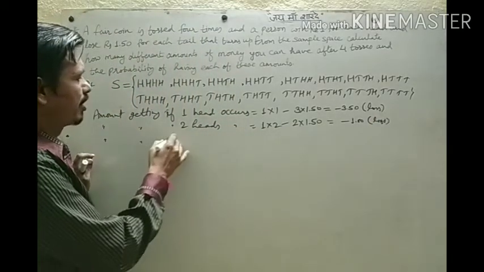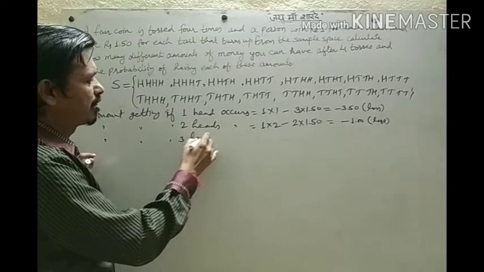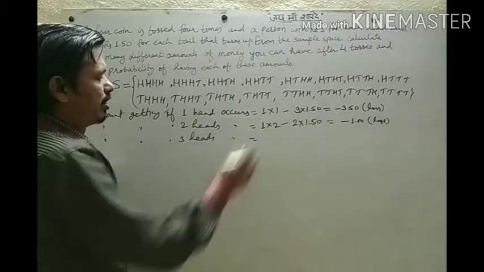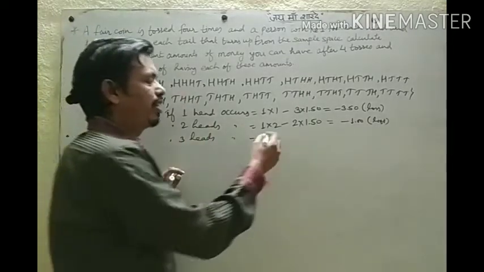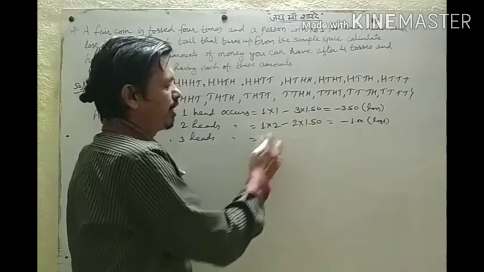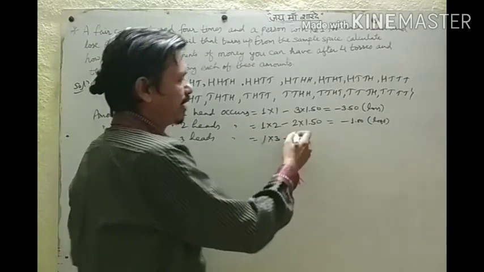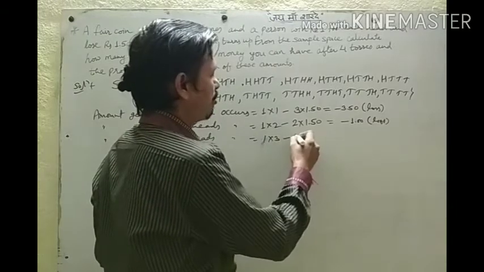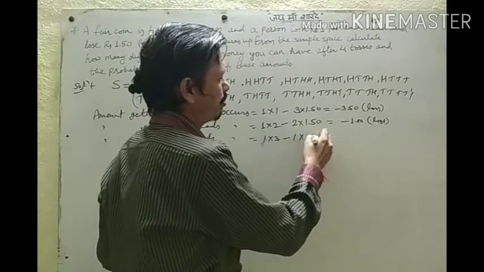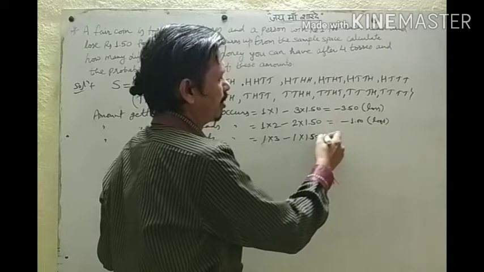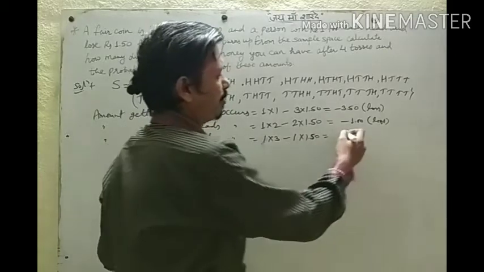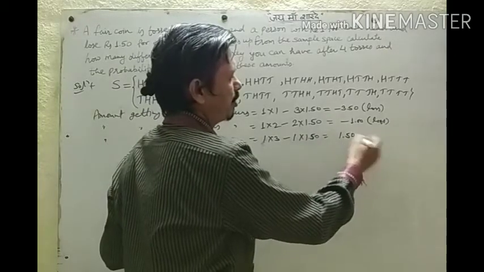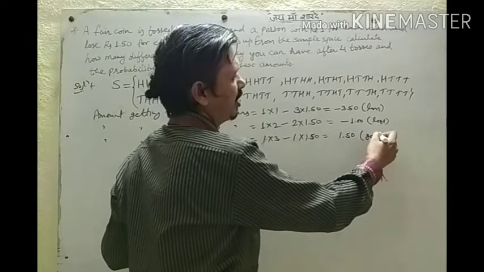Then the amount if 3 heads occur. 3 heads means 1 tail. So 1 into 3 minus 1.5 into 1, so 3 minus 1.5 means 1.50. So it is our gain, profit.